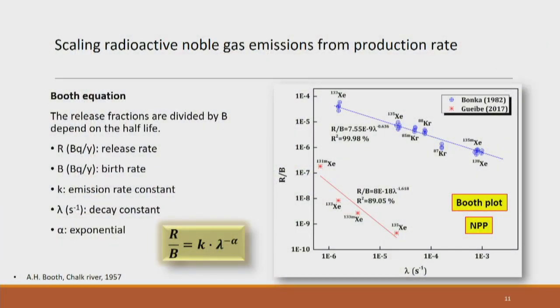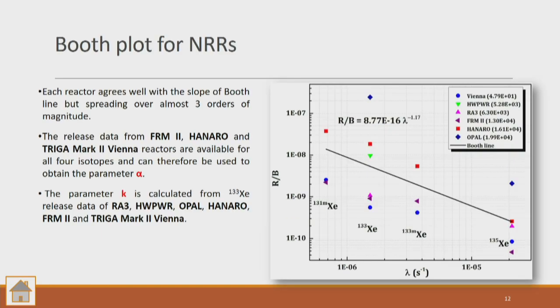And these red signs are for a new nuclear power plant, and this shows that this equation is still valid for new nuclear power plants, and the steeper slope shows that new power plants have longer retention time. So we apply the Booth equation to estimate the release from nuclear research reactors.